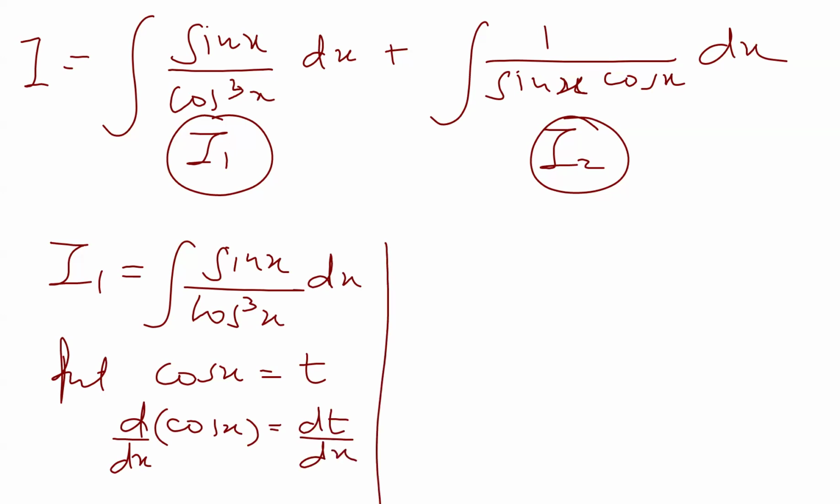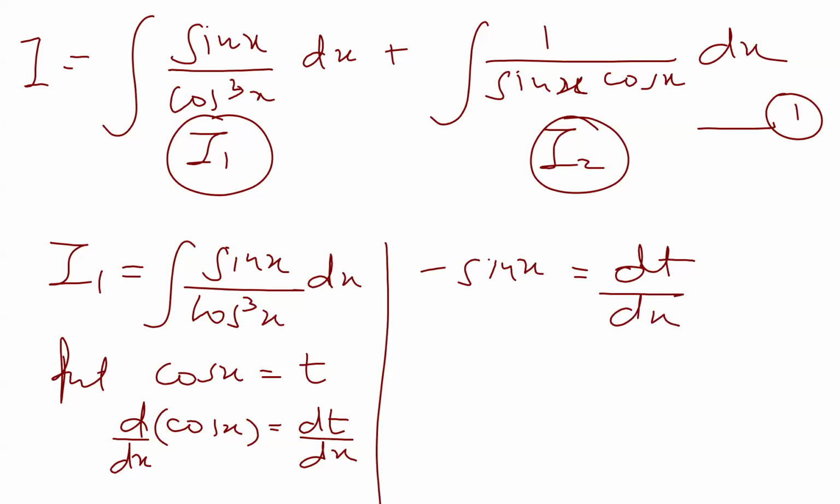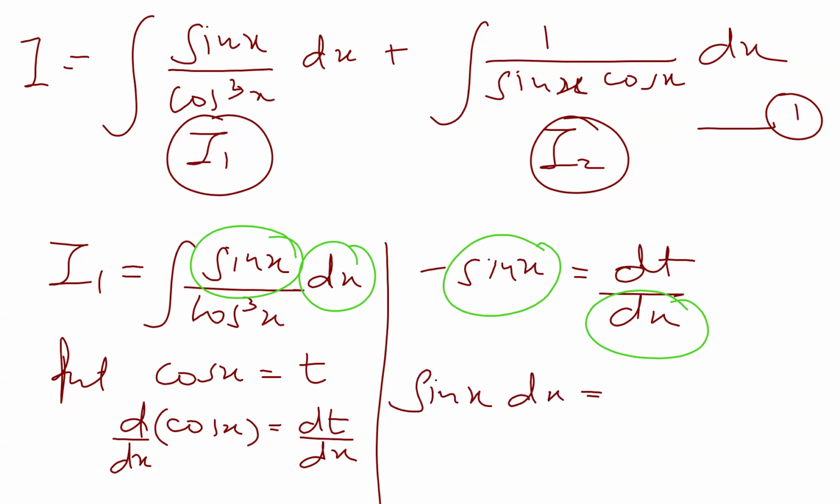Derivative of cos x is minus sin x. So sin x dx is nothing but minus dt.